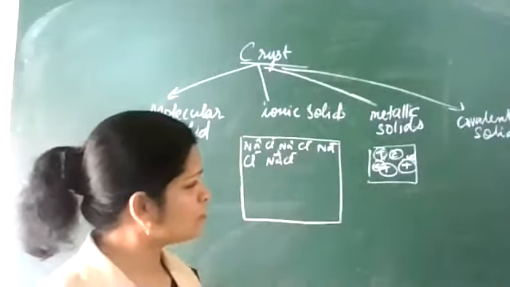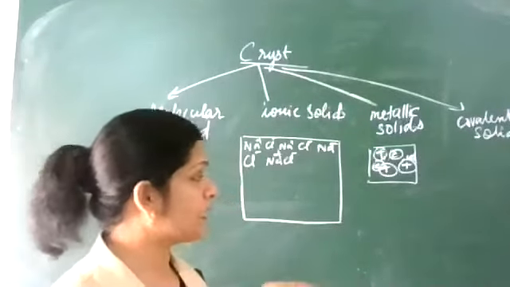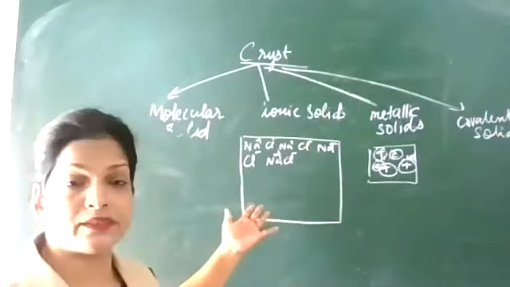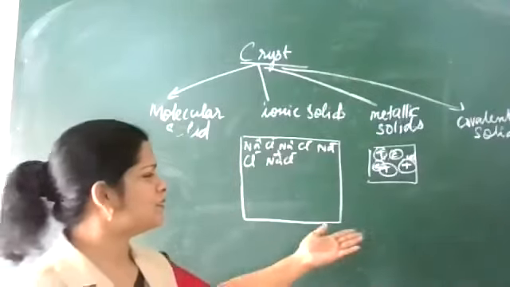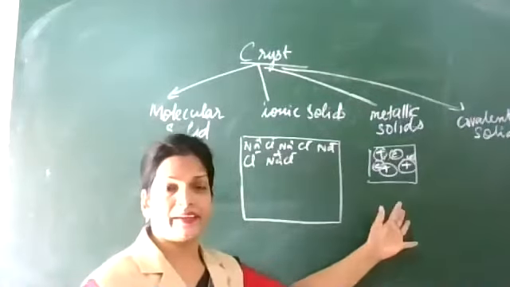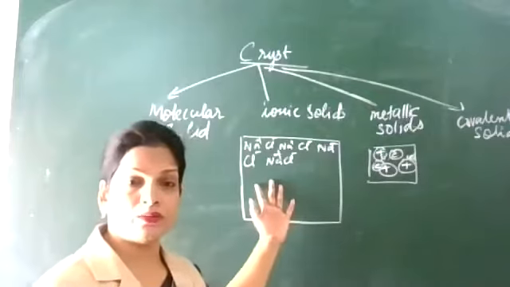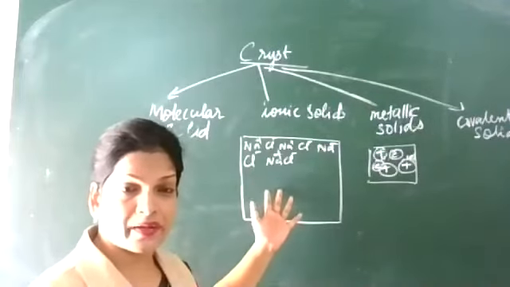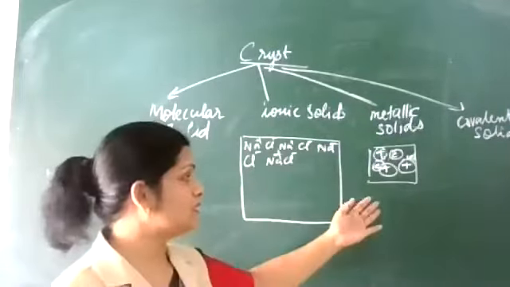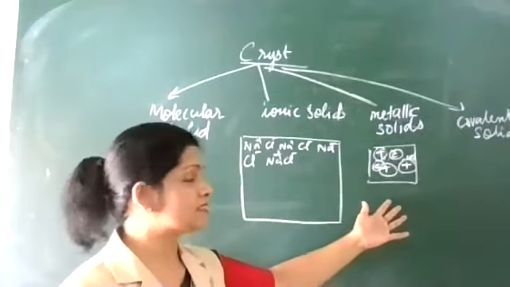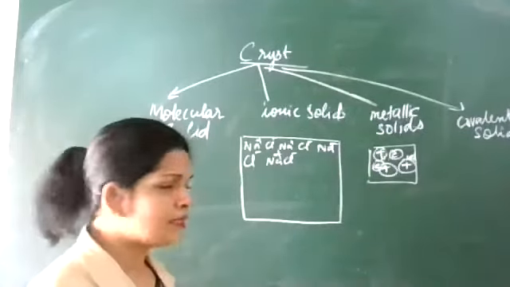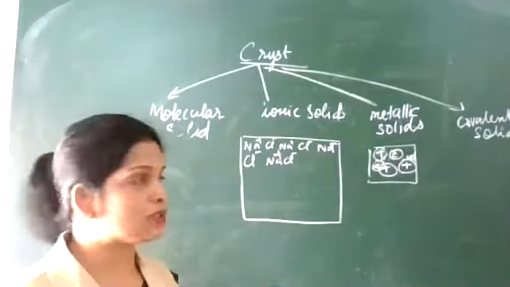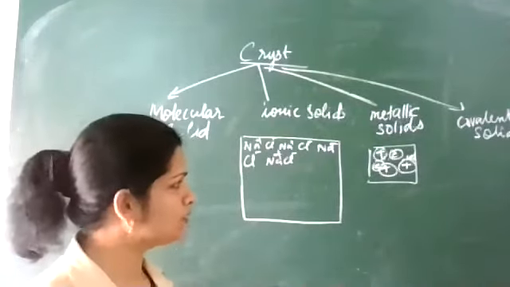Melting point is high, but not that much greater compared to ionic solids. Here it is 600, 900, like that, but it varies from metal to metal, the melting points and boiling points.